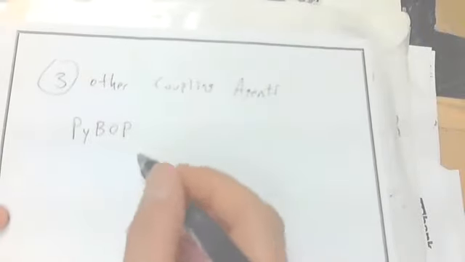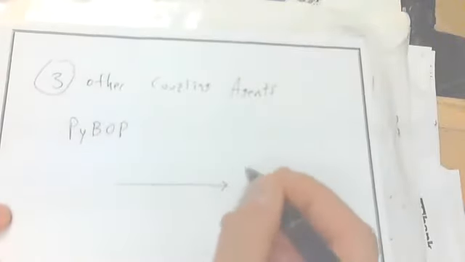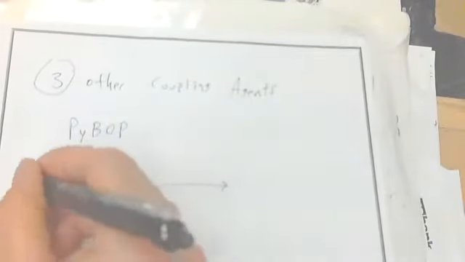And one of them is, I'll just show it, it's called PyBOP. PyBOP is essentially the same kind of idea, and I'll just draw an example reaction of it. Carboxylic acid, OH, H2N. These are a boring example. Simple carboxylic acid, simple amine, simple amide.